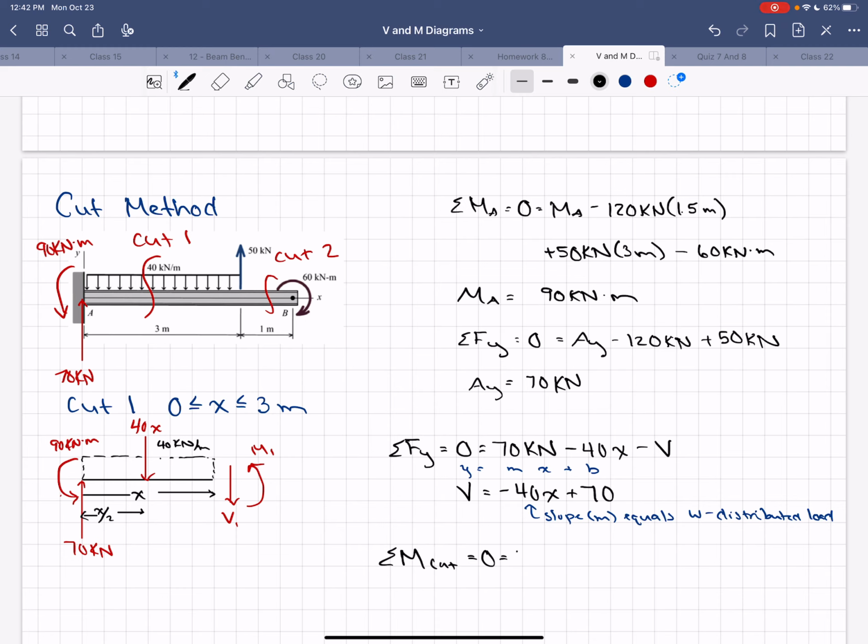It equals M1 minus 40 times x, the distance away is x over 2, minus 70 times the full x plus 90. We solve for M1.